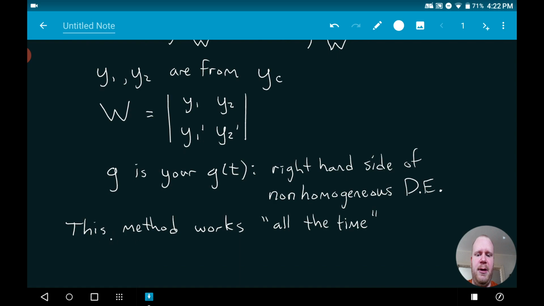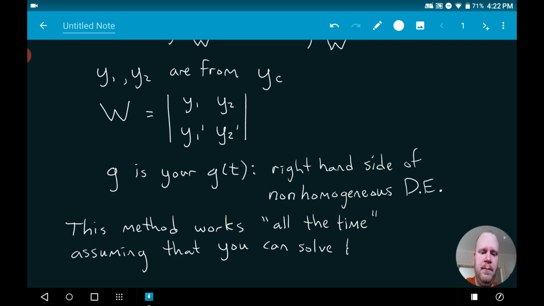But the one big assumption that you have to make here is that we are assuming that you can integrate it. If you can't solve the integral, right, if it's not one of those very nice u substitutions or integration by parts, you'll need to know how to do the method of undetermined coefficients.